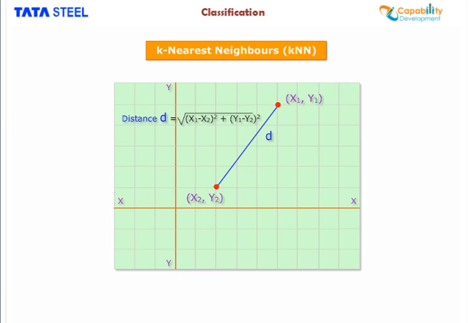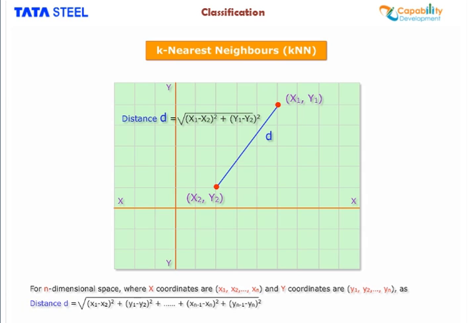You can generalize this two-dimensional distance formula for n-dimensional space, where x coordinates are x1, x2 up till xn and y coordinates are y1, y2 up till yn, as distance d is equal to square root of (x1 minus y1) whole square plus (x2 minus y2) whole square up till (xn minus yn) whole square.